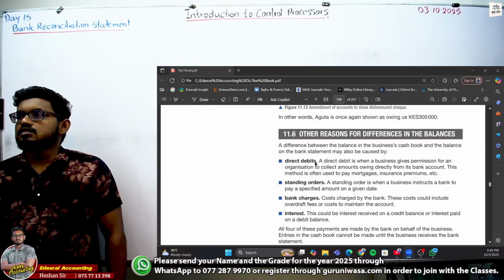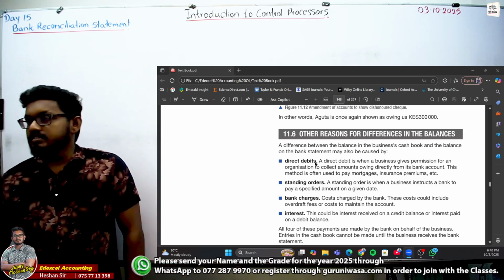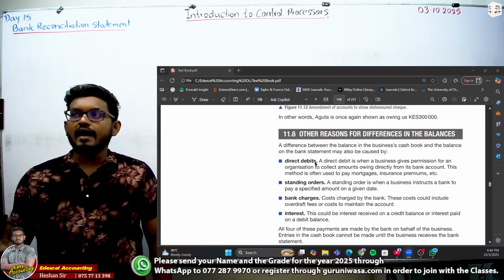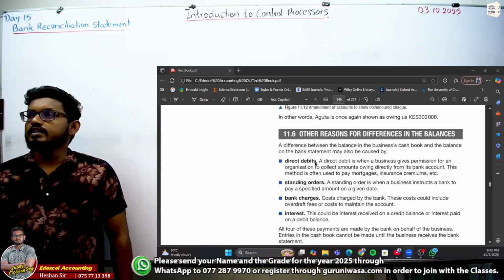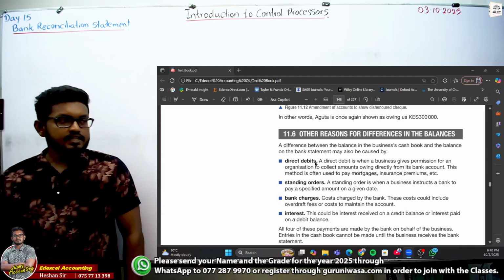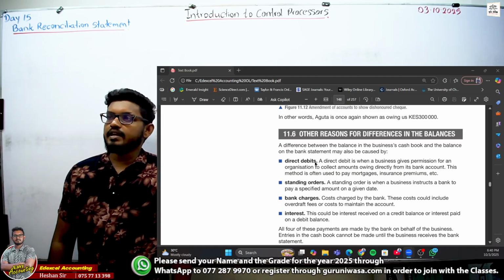Bank charges: costs charged by the bank. Sometimes the bank charges some amounts, and we only get to know through the bank statement. These costs could include overdraft fees and the cost of maintaining the account. Interest: this could be interest received on a credit balance or interest paid on a debit balance.